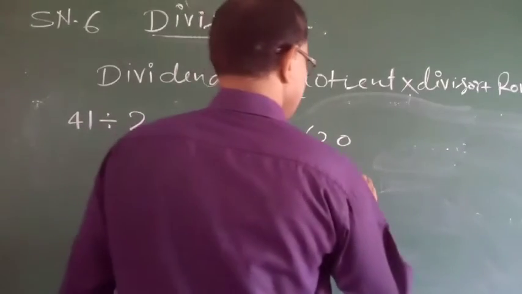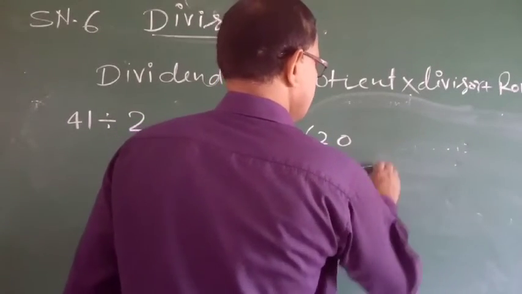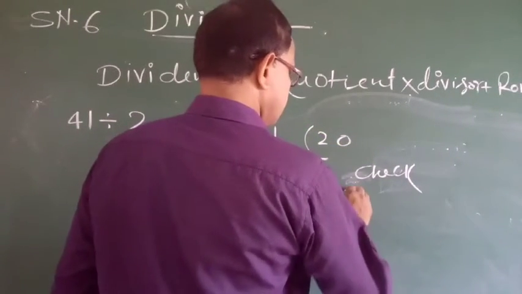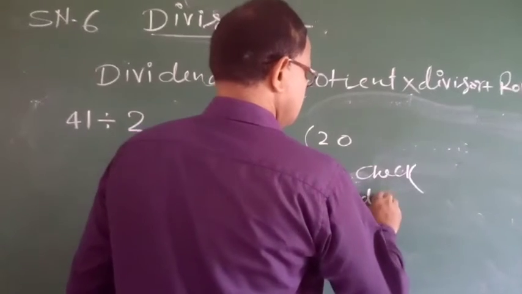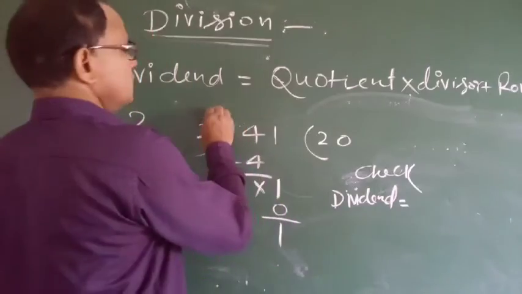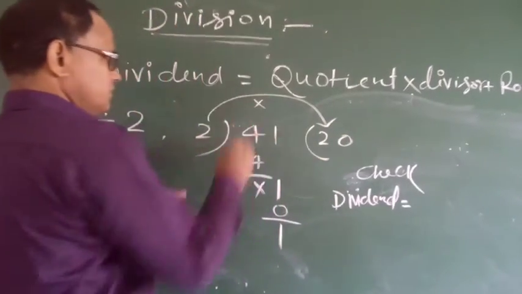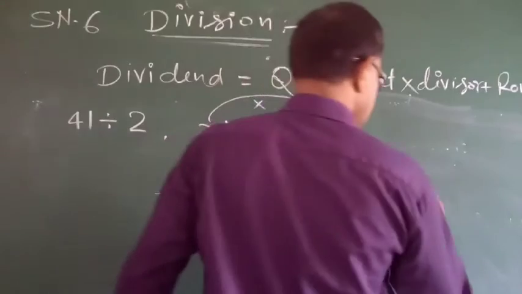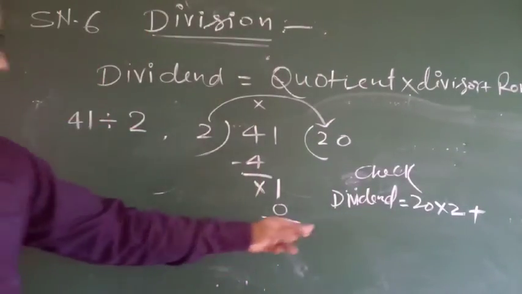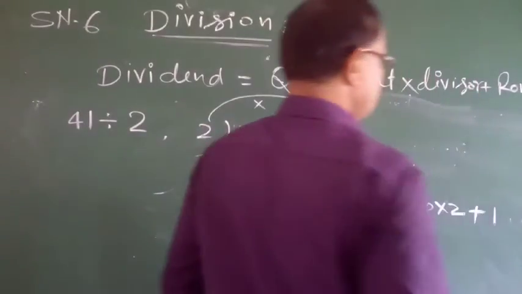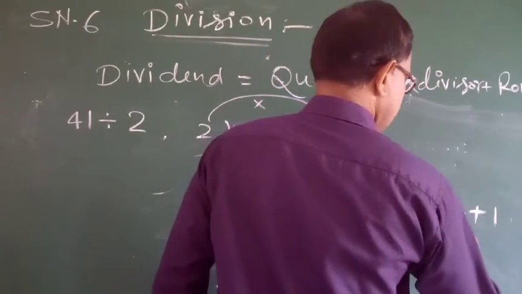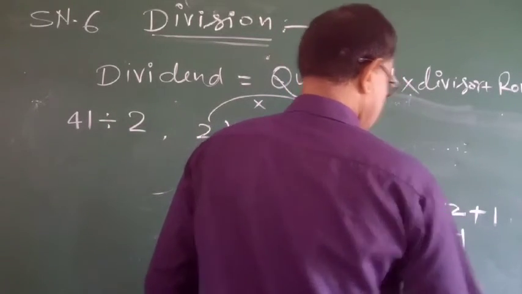Okay, then we can check its dividend. Dividend is equal to multiply 2 into 20 plus a remainder 1. Okay, then here 2 20s are 40 plus 1, we get 41.